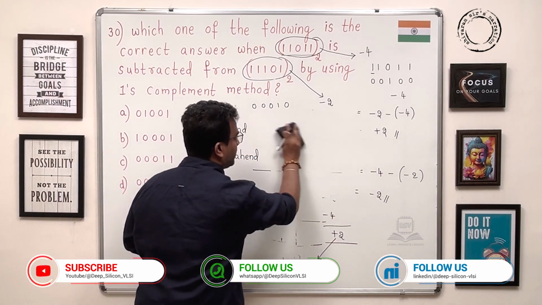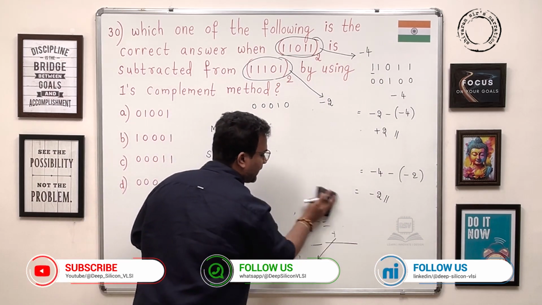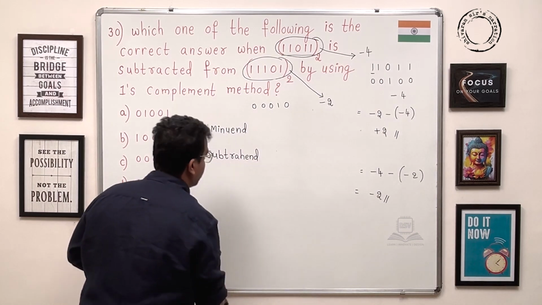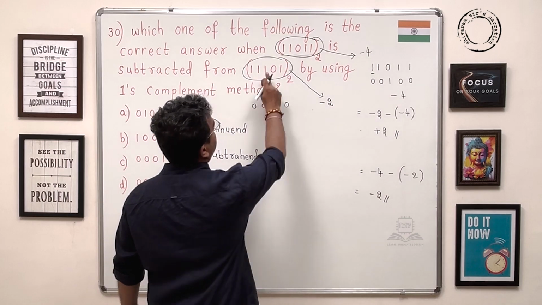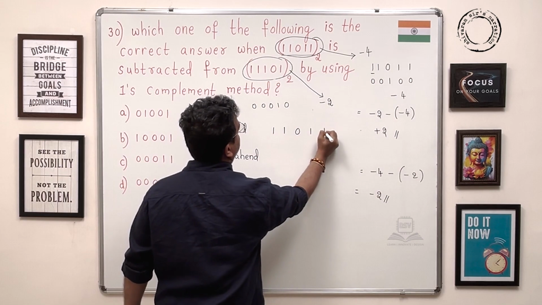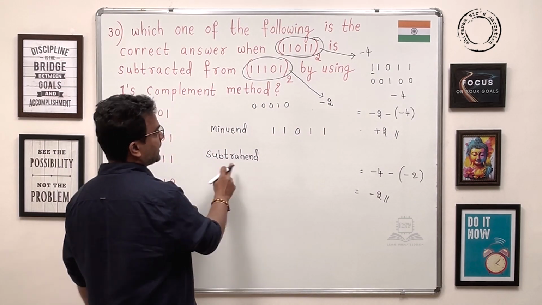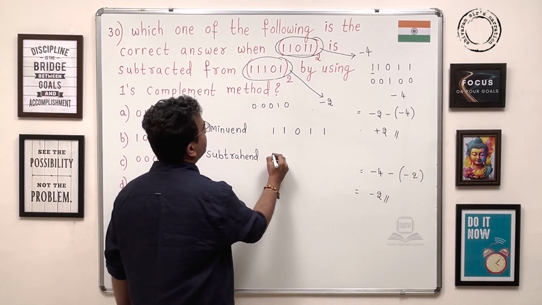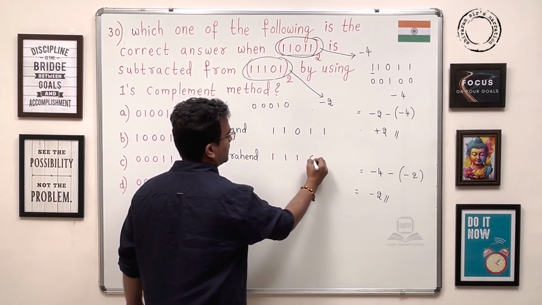It is like the minuend has changed. What is that? It is like this one. It's 11011. The subtrahend, this is 11101. I am taking directly.